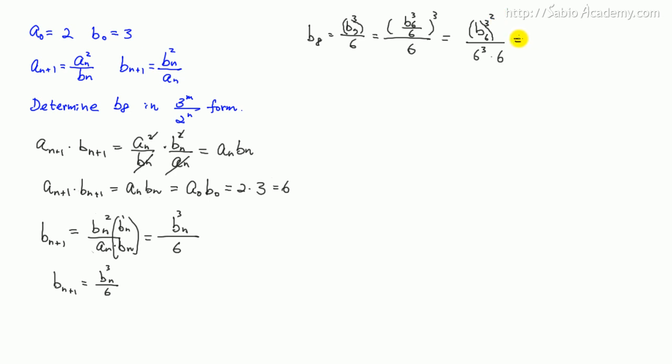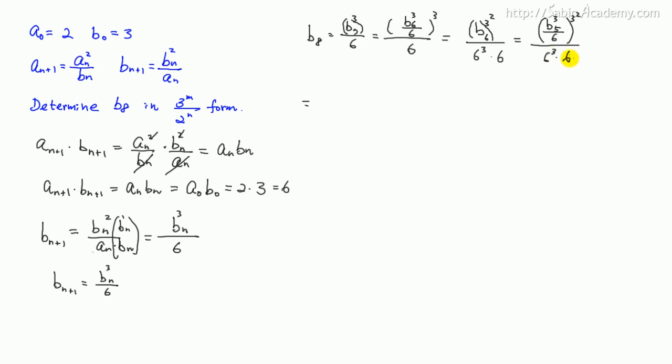All right, now let's move forward. What do we get here then? b sub 6 is b sub 5 to the third power over 6. That whole thing is raised to the 3 to the second power over 6 to the third power times 6. Okay, what is that now?